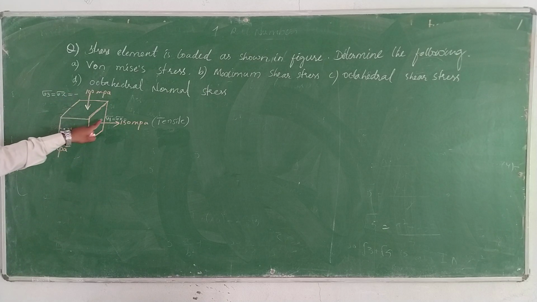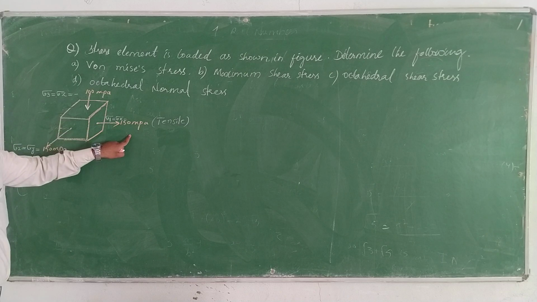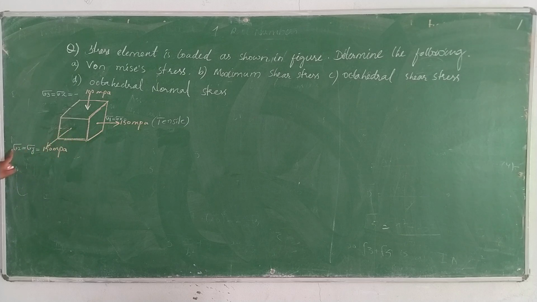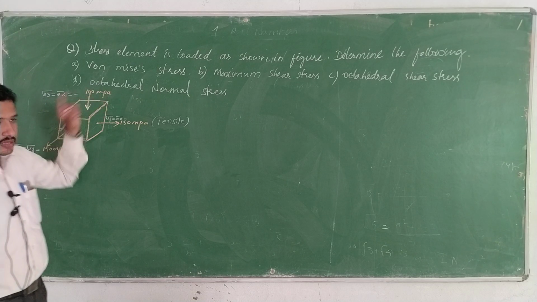Sigma 1 is tensile, so plus 150 megapascal. Sigma 2 is again tensile, plus 150 megapascal. And sigma 3 is compressive, minus 100 megapascal.